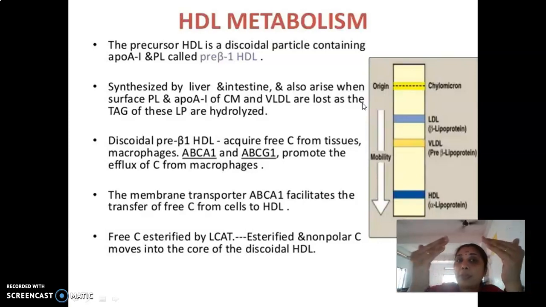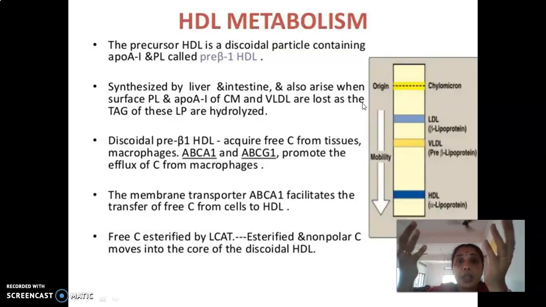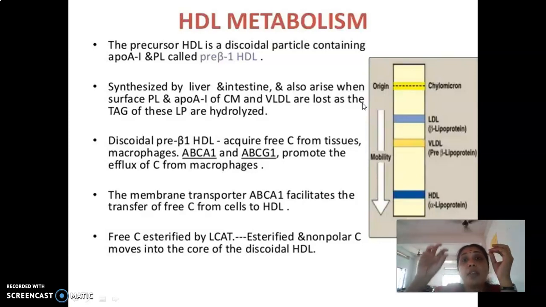In the hepatocytes, they accept the cholesterol esters from the HDL molecule without internalizing the HDL or the apoproteins. Only the cholesterol esters are extracted out from the HDL molecule. While in the case of extrahepatic tissues, the HDL molecule will be internalized first, and they will be provided with the cholesterol esters, right?